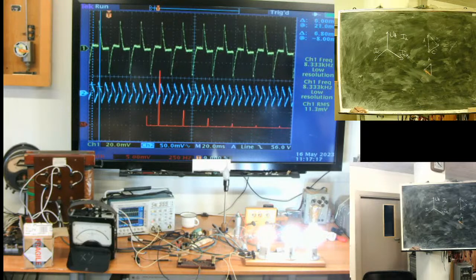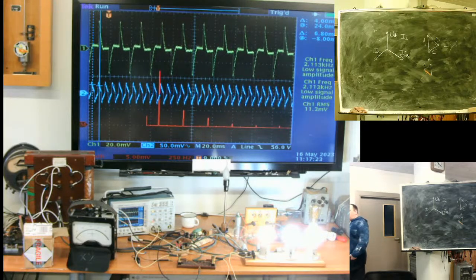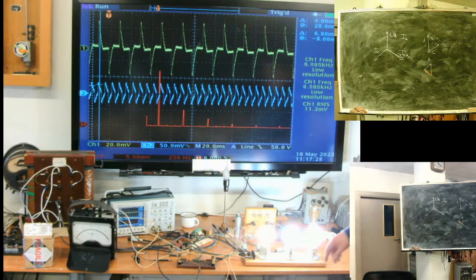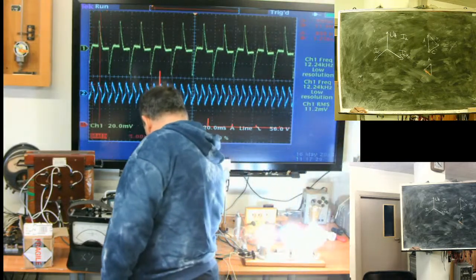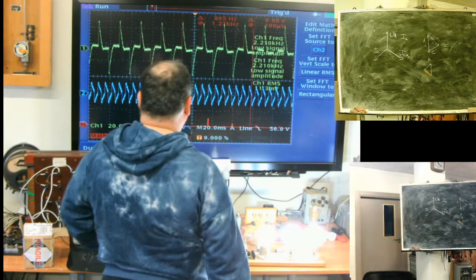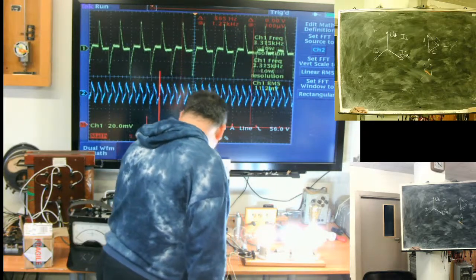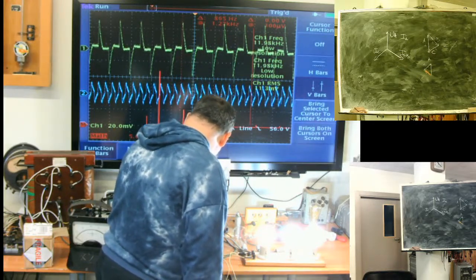Triple. The blue line contains... one second, we will see its spectral composition.